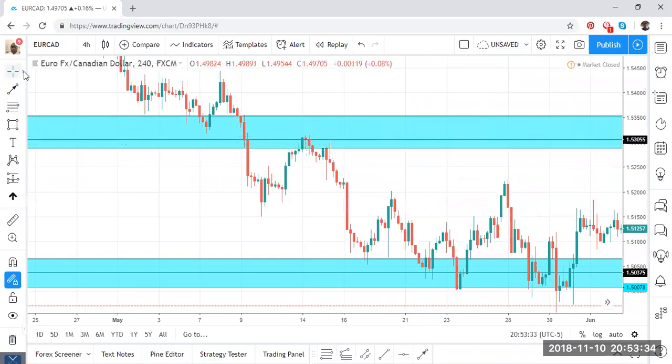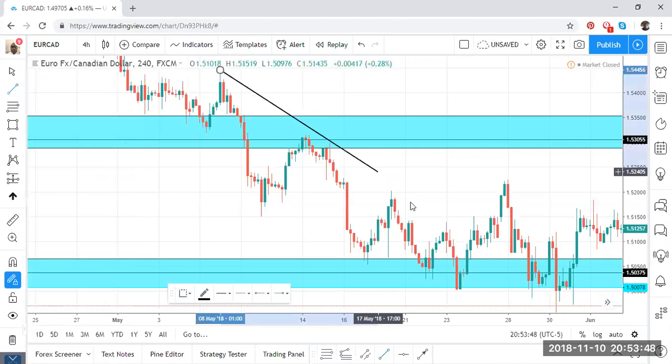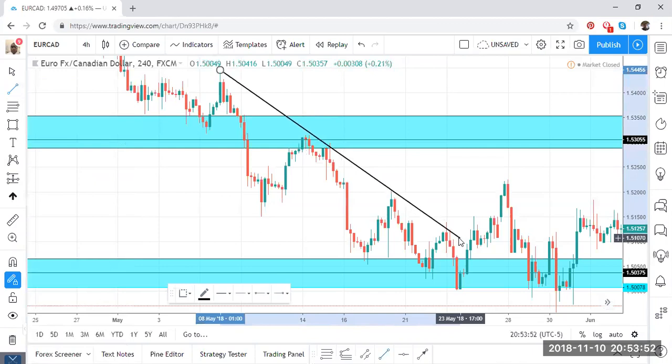This one candle might be an indication that would help me to say buy or sell, but I need more confirmation than that. So with this one here, I actually have a trend. That's another confirmation. I just see a break and a retest, and I see the trend.